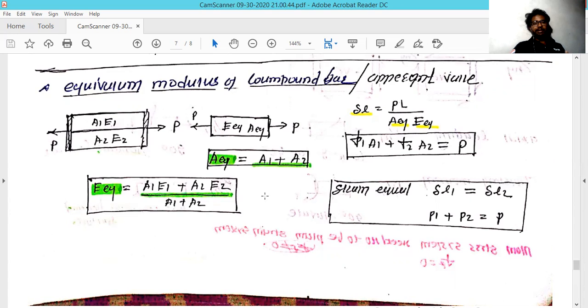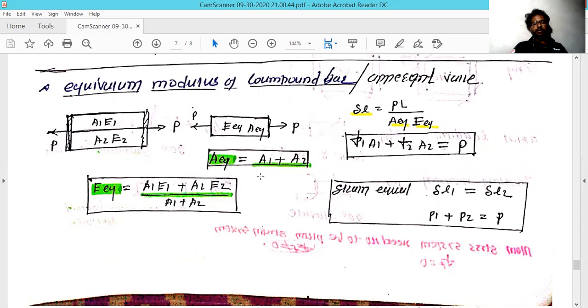Here a tensile force is applied. This is a sandwich combination of two different materials, with the P force applied in a tensile fashion. So what will be the equivalent area? The equivalent area is nothing but the total area, which is A1 plus A2. The second value is the modulus of elasticity.